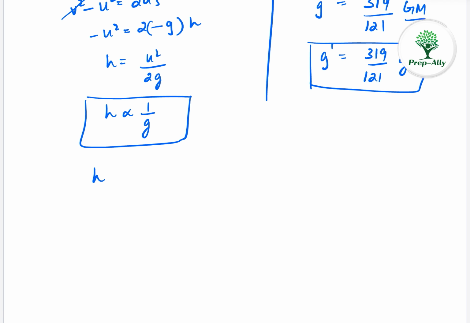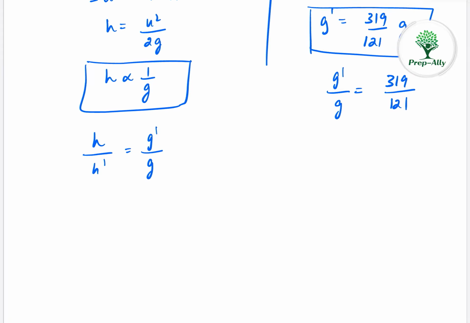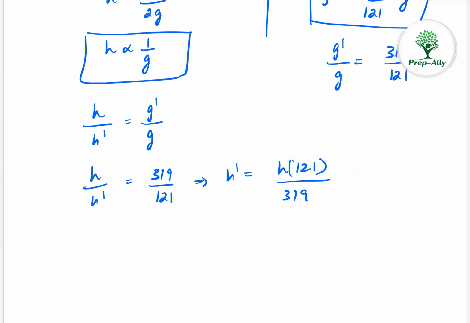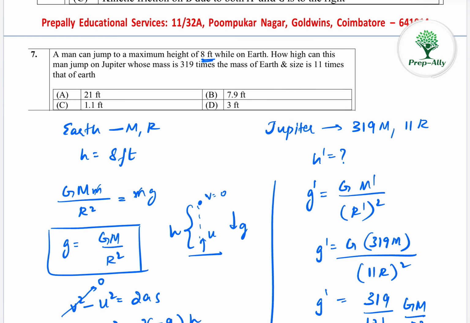So let's make use of this. We have now H by H dash is equal to g dash by g. From here we can say g dash by g is 319 by 121. So we get H by H dash is 319 by 121. But we want H dash, that is H into 121 by 319. Now that H is 8 feet, so 121 by 319 into 8, right? Yes.